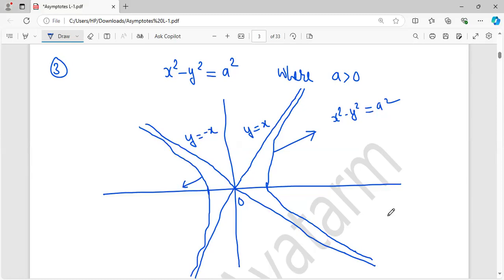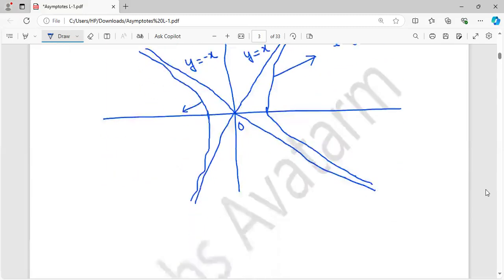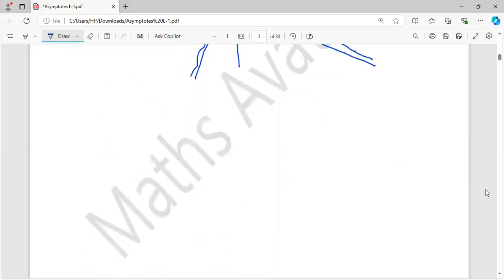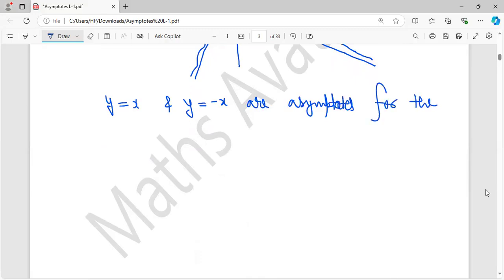So y is equal to x and y is equal to minus x are asymptotes for the curve x square minus y square is equal to a square, where a is greater than 0.